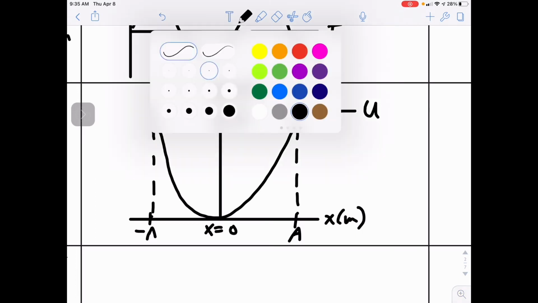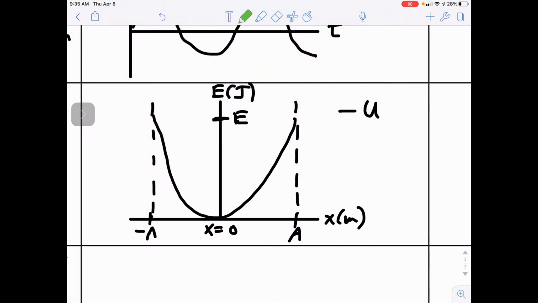But you would be asked to figure out the kinetic energy graph. Accordingly, you would have no kinetic energy at the amplitude and maximum kinetic energy at equilibrium, no kinetic energy again at the other amplitude. So you'd be asked to derive and figure this out.